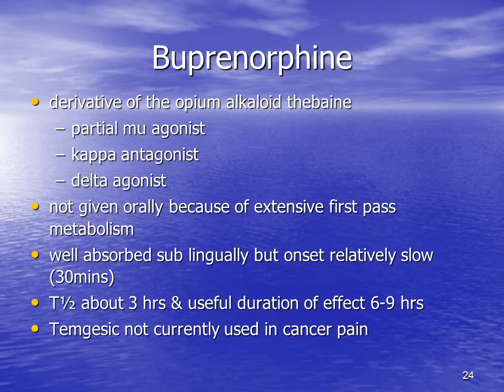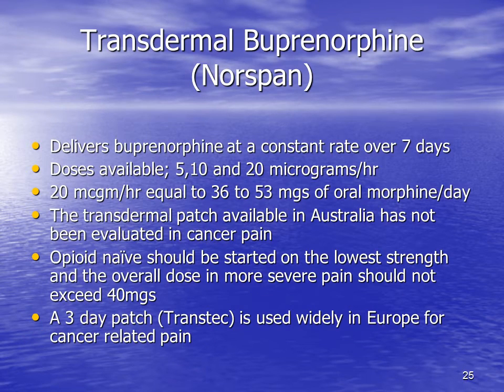Duration of effect 6+ hours, but Temgesic, which is the sublingual form, is not used in cancer pain. The transdermal preparation, that you're probably much more familiar with than I am because it's used for non-malignant chronic pain, that particular patch, the Norspan patch, is a 7-day patch available in those dosages there, 5, 10 and 20.